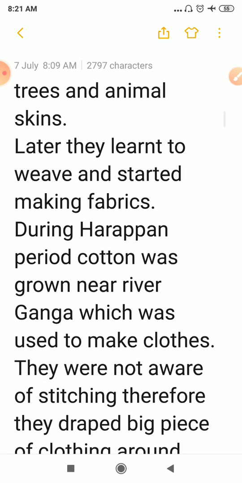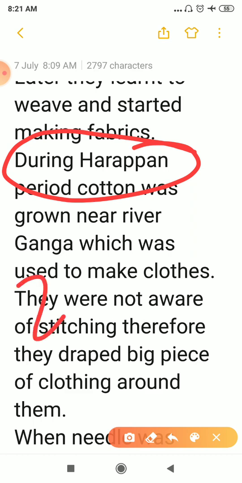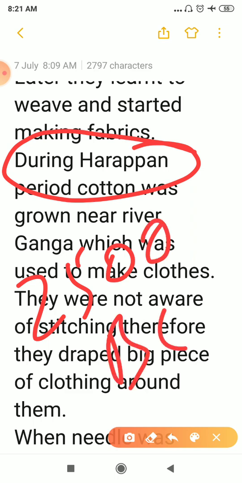During the Harappan period, around 2500 BC, cotton was grown near river Ganga, which was later used to make cloth.